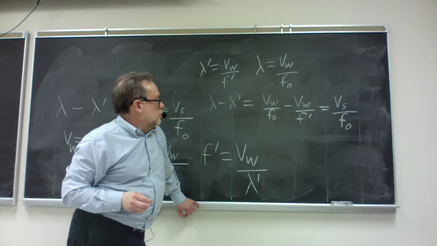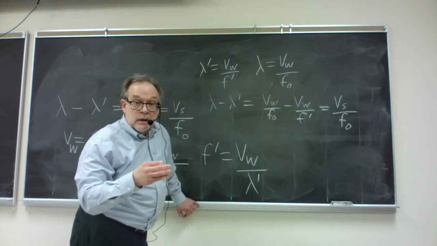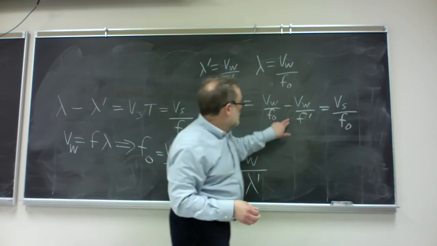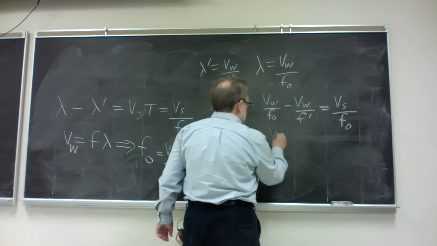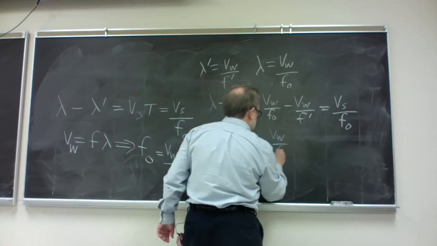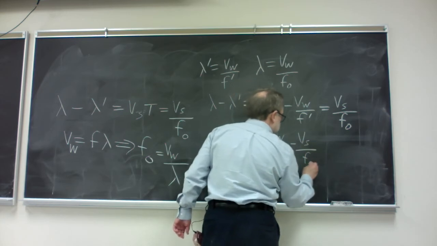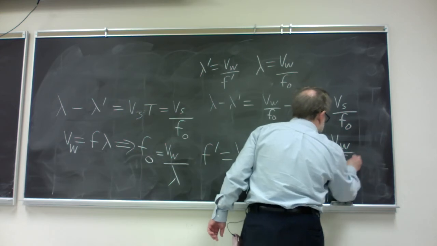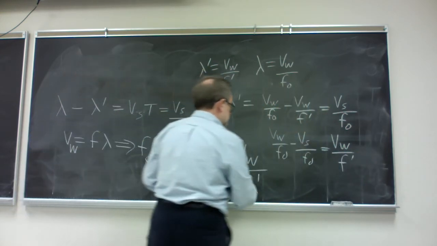Do a little bit of rearranging there. Put both of the source frequency, the f0 terms, on the same side of the equation. Move this to the other side of the equation, and then we have V_W over f0 minus V source over f0 equals velocity of the wave divided by perceived frequency of the wave.